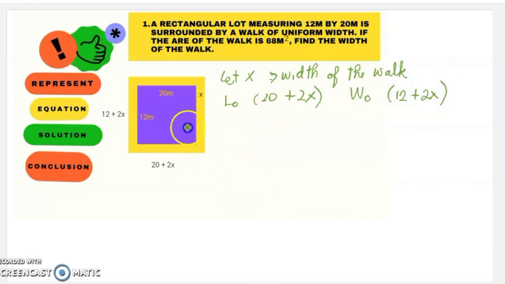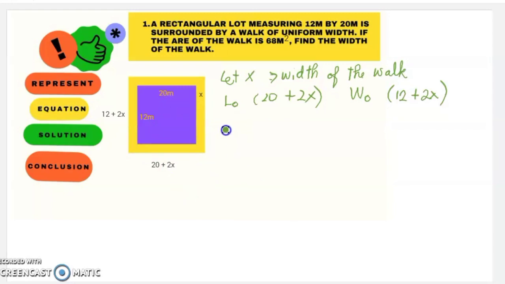So, paano ma-solve to? Madali lang. So, the area of the bigger rectangle, ito, yung yellow, minus the area of the smaller rectangle is equal to the area of the walk. So, what is our equation now?